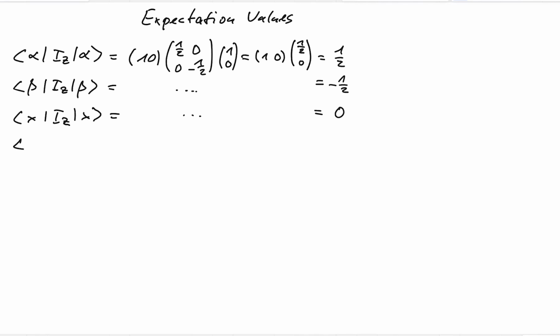However, of course, if you apply the x state to Ix, do the math, then we get 1/2 as a value, as you would expect. But when we apply the x state to the Iy operator, then we find again that it is 0 because the x state is not an eigenfunction of the Iy operator.